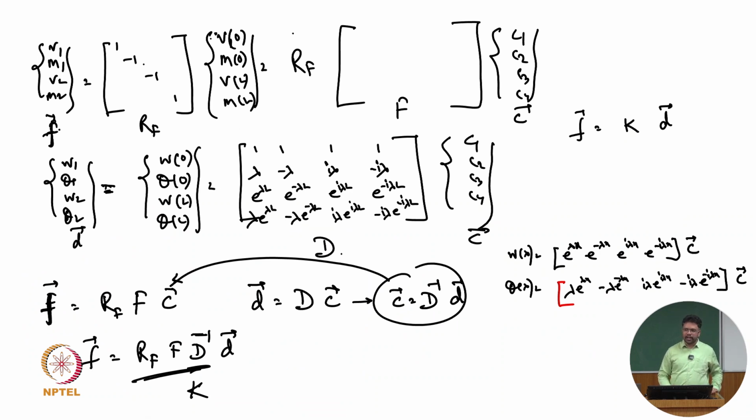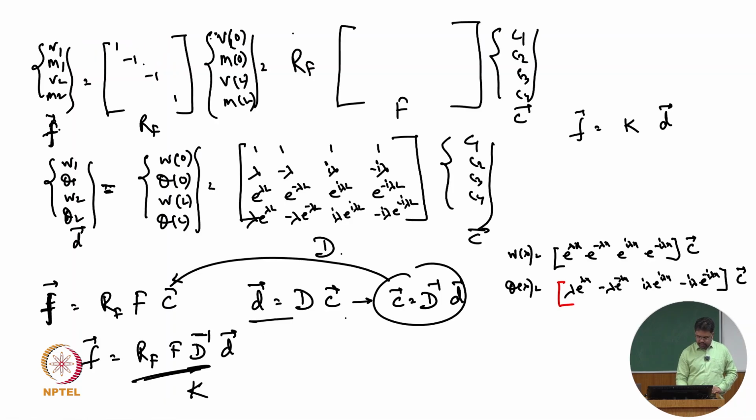Now, we have seen that our W(x) is basically N(x) times C.